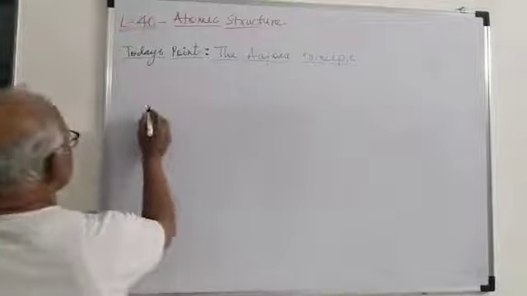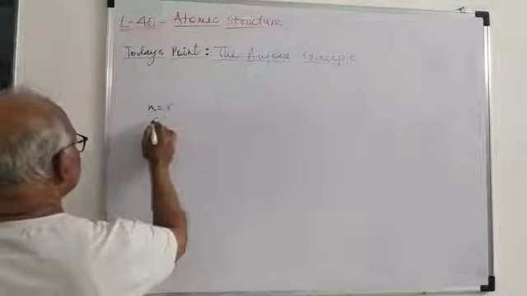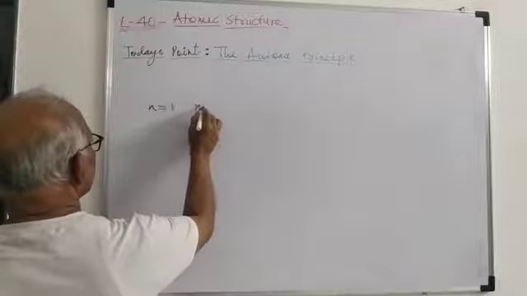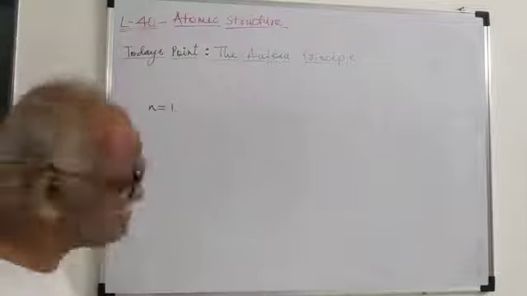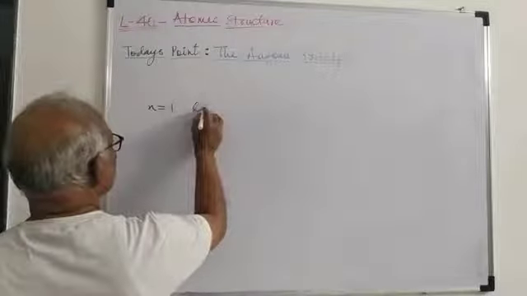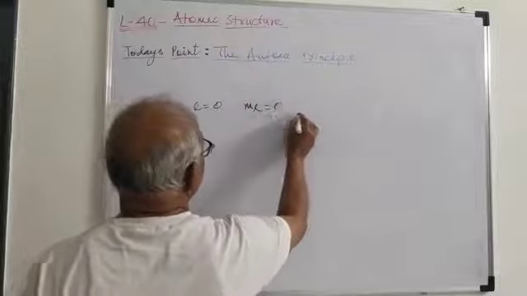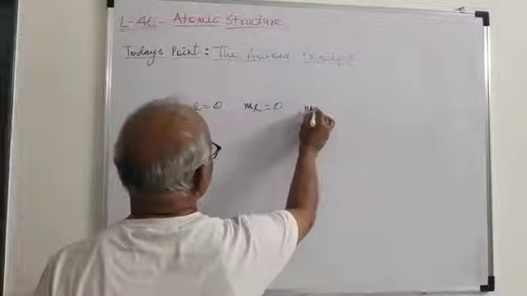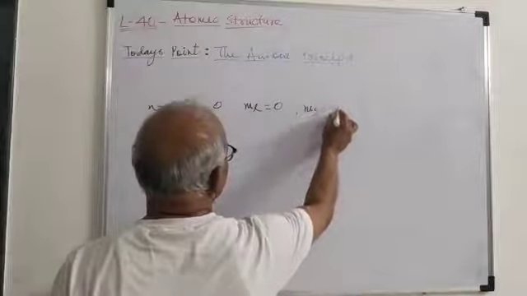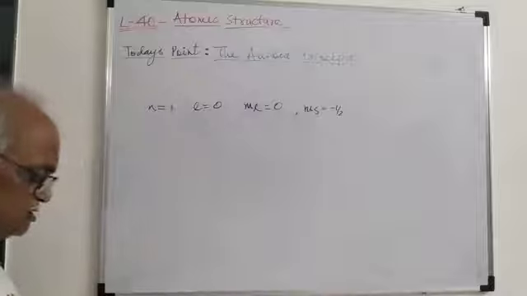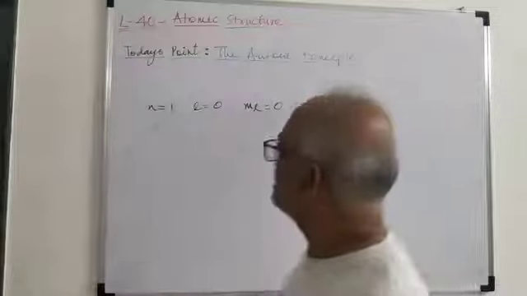So in this case we are considering the value of n is equal to 1, then l is equal to 0, and here we have to consider ms, spin quantum number, that is equal to -1/2. So this is the easiest thing, for hydrogen atom.